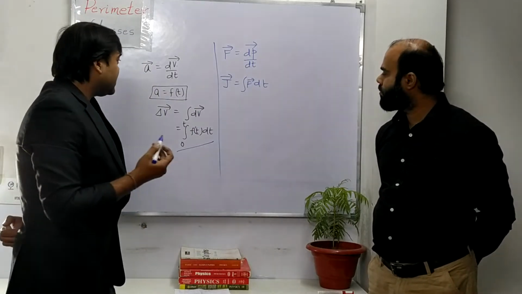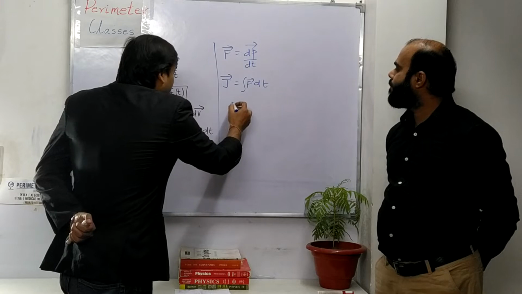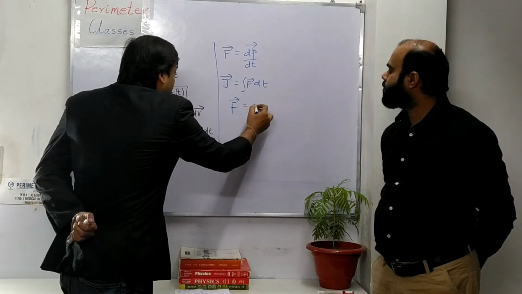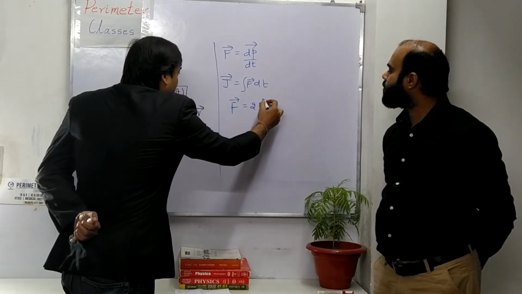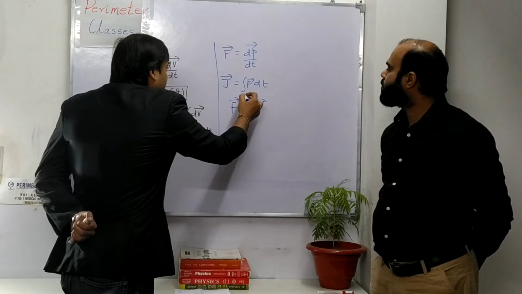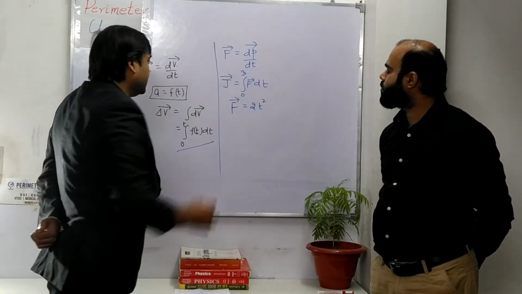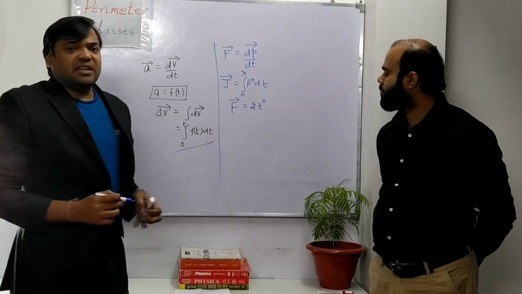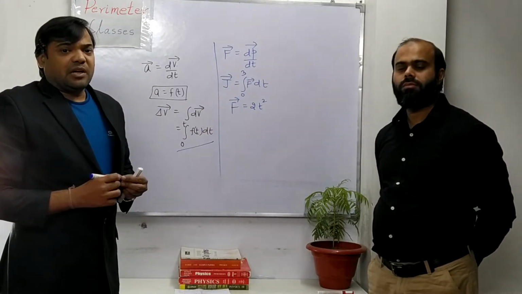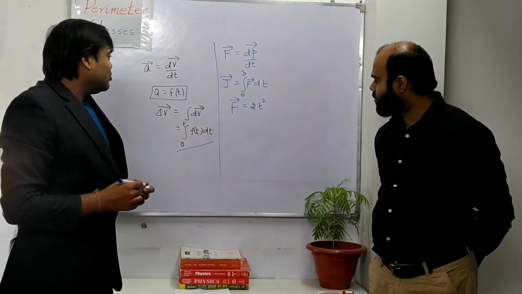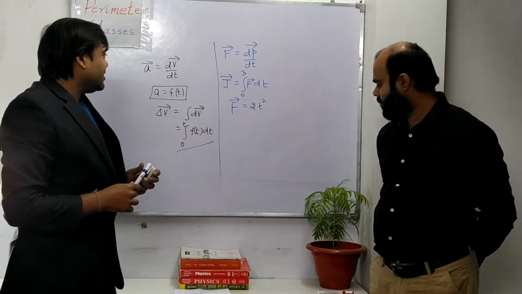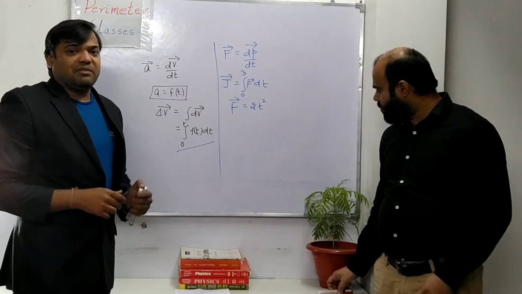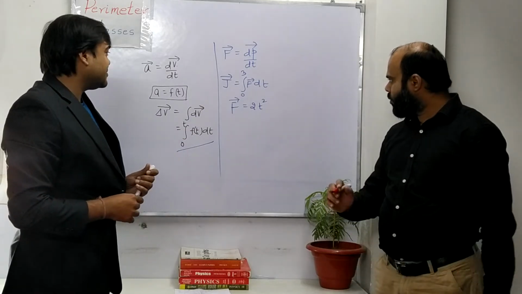So let us take a value of force F that is given as, let us say, 2t square, and we are integrating this function from 0 to 3. So after integrating this function, what we will get is linear impulse or change in momentum. I would like to invite Subbu sir to solve this equation and describe to you how definite integral will help to calculate this function here.